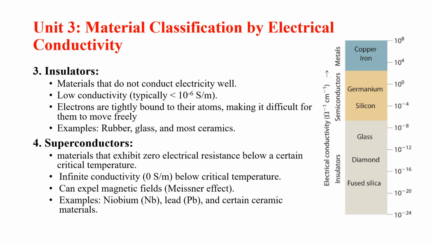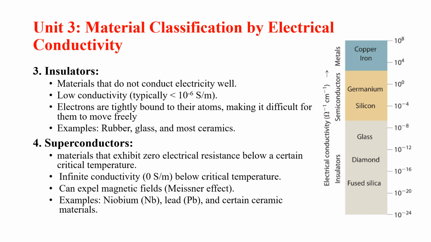Another classification of electronic material on the basis of electrical conductivity is insulator. Insulators are electronic materials that do not conduct electricity well, and insulators have very low conductivity, typically less than 10 power minus 6 Siemens per meter.